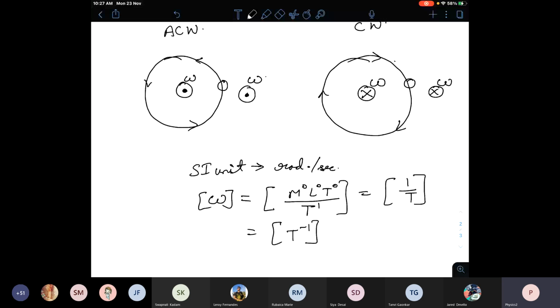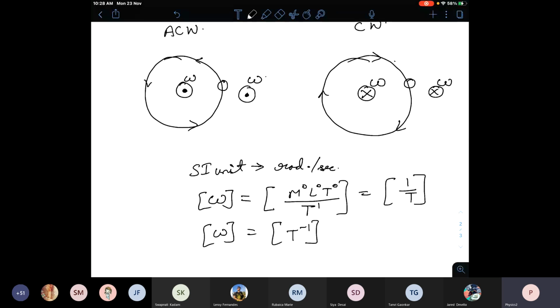According to the dimensions, angular velocity and frequency are the same. That is why, when you were doing SHM, simple harmonic motion, you must have seen that omega is not called angular velocity.